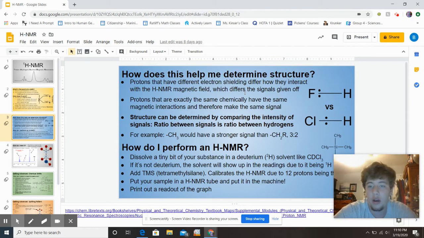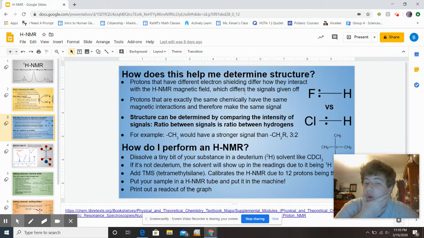When you think of these hydrogens, you have to think of how the electrons are interacting with them, which changes how those hydrogens interact with the H-NMR's magnetic field.